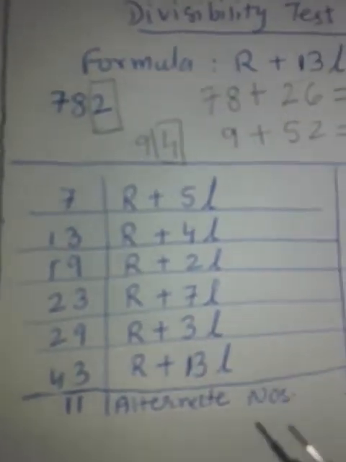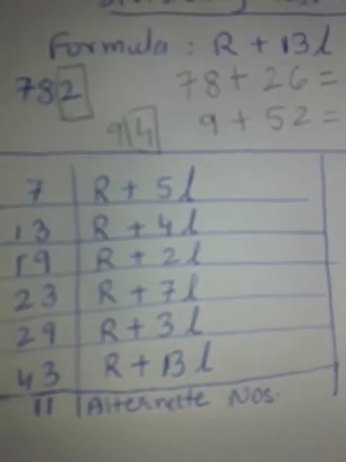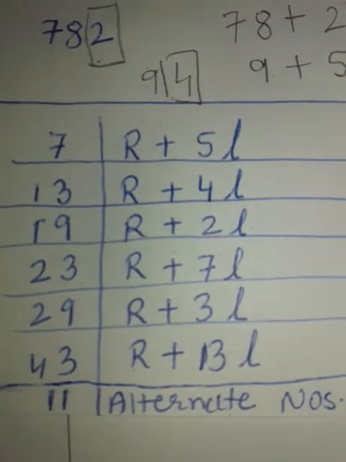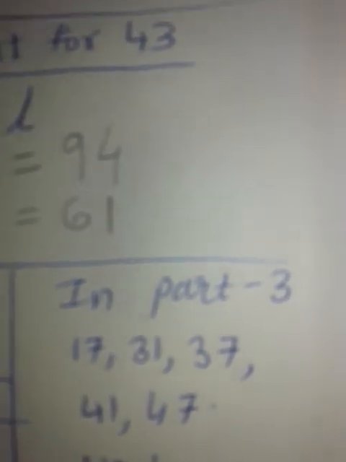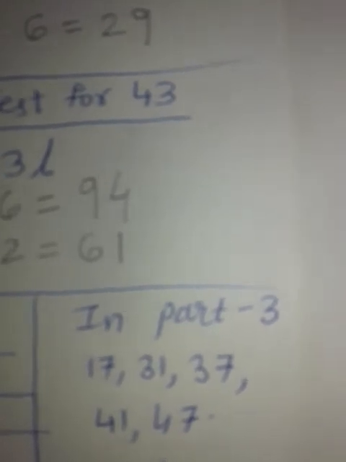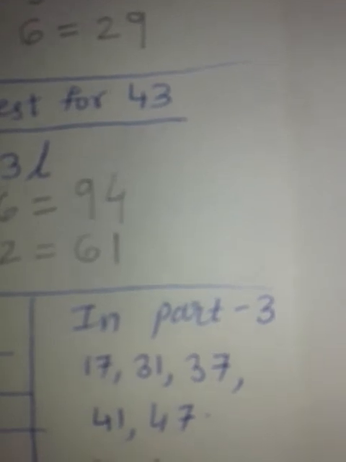You can rerun this video to understand it better. With this we have come to an end of part 2 video. In part 3 of divisibility test, we will cover the tests of 17, 31, 37, 41 and 47, and later we are going to start with factorization videos and then LCM and HCF.